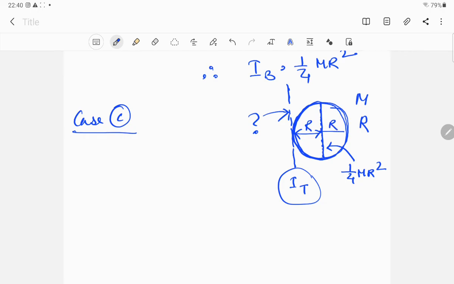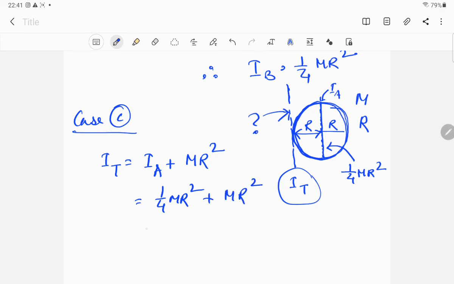So according to the parallel axis theorem, if I call it IA, IT is nothing but IA plus m r square. IA is nothing but 1 by 4 m r square, which we have already obtained in case B, and then we have m r square. So it will be 1 by 4 plus 1 times m r square, which is equal to 5 by 4 m r square.